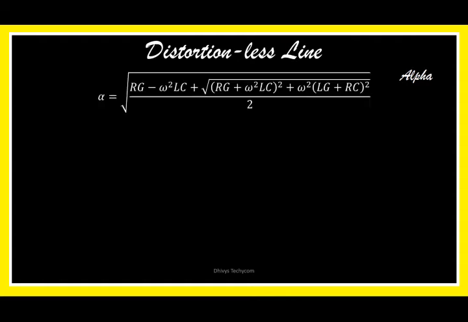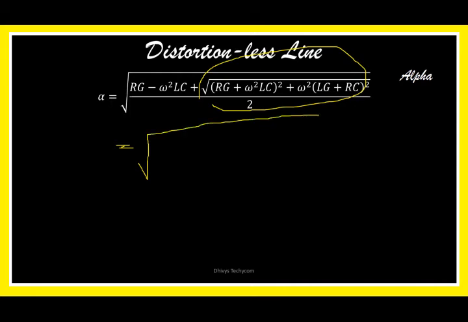Now let us take this particular term. I am going to equate this upper numerator part to be like this. Let me write it for you: square root of (RG minus omega square LC plus, instead of the second square root term, RG plus omega square LC), the whole term divided by 2.